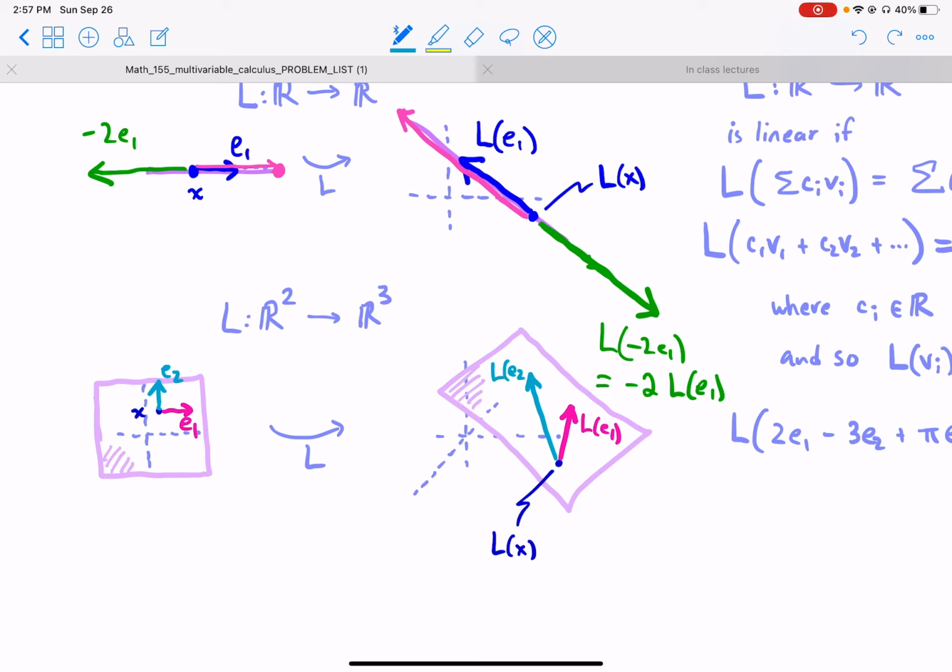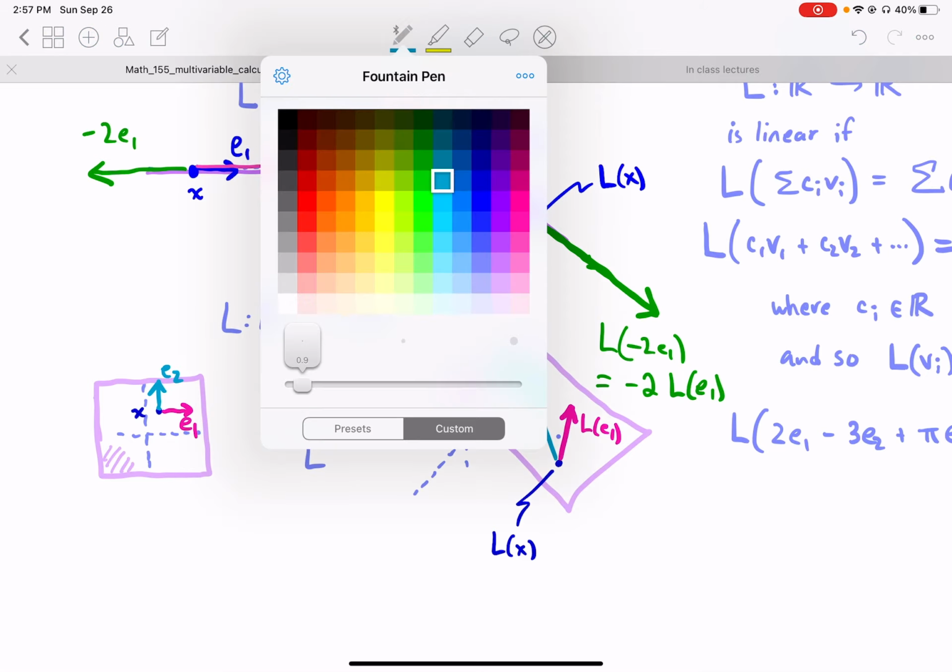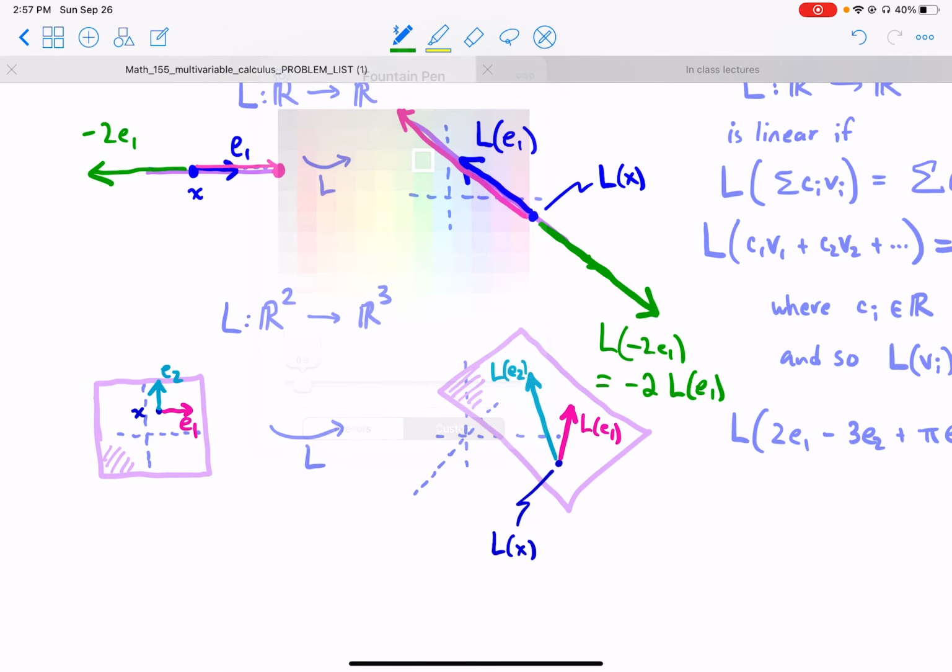Because, for example, let's take this green vector here. That vector is equal to minus e1 plus e2. You agree? This green vector sort of looks like it's minus e1 plus e2.